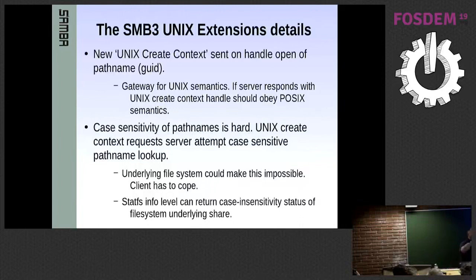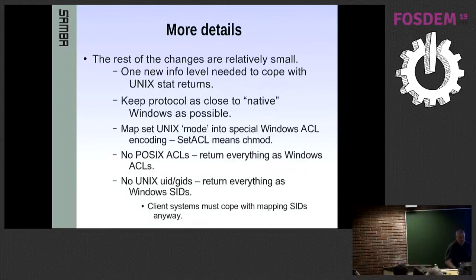It just means you asked the server for that and it did its best effort. If you really want to know, did I get case sensitivity? Can this file system give me case sensitive semantics? There's a separate info level with a bit in it that says, hey, my share can do case sensitivity or not. So it's a best effort request.